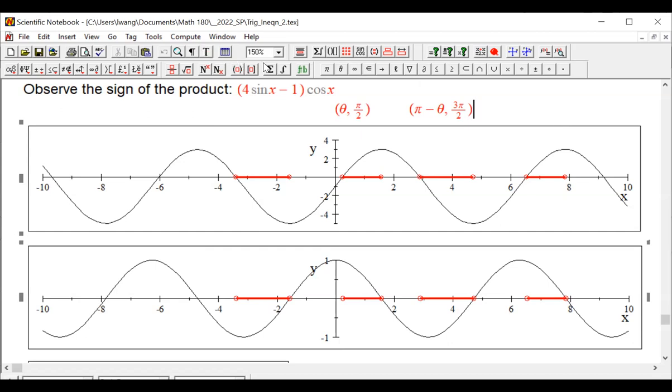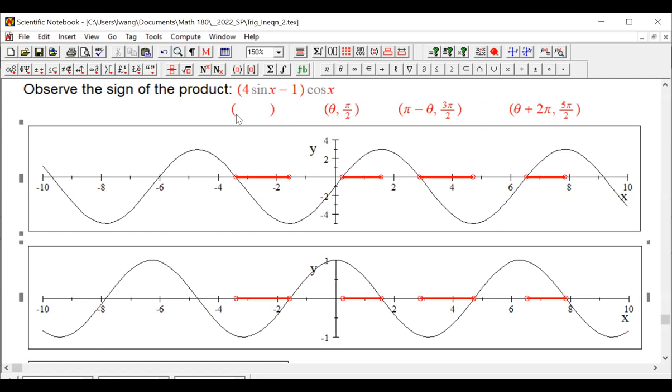So let's put in the solutions. I forgot to write down this solution. This is theta, pi minus theta, and this is going to be theta plus 2 pi, and then that's 5 pi over 2. Oops, 5 pi over 2. So that interval ends at 5 pi over 2. On this side, we also have an interval.